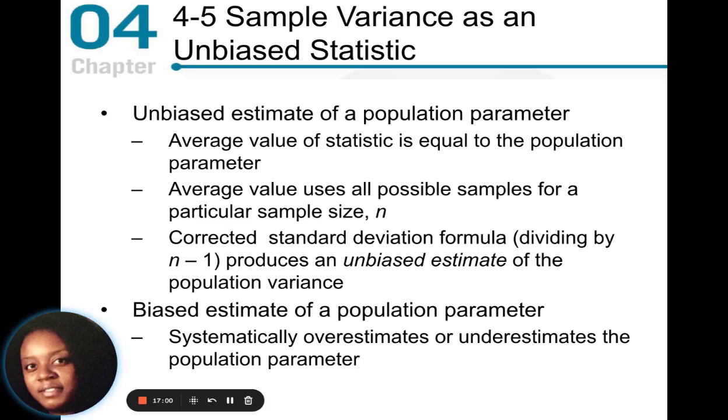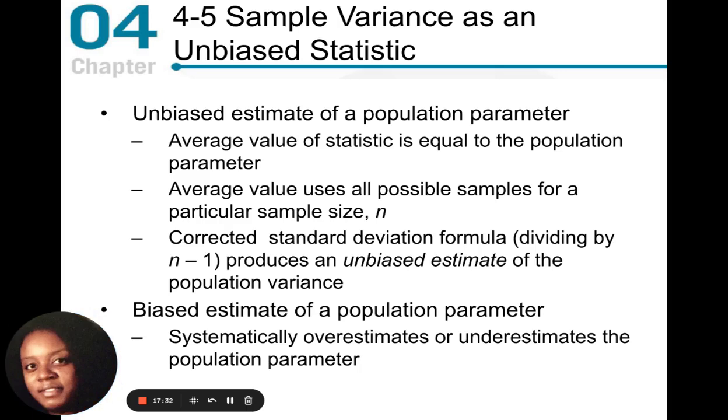As we start to look at sample variance as an unbiased statistic, we need to understand that an unbiased estimate of a population parameter provides us with an average value of statistics, which equals the population parameter. The average value uses all possible samples for a particular sample size. The corrected standard deviation formula produces an unbiased estimate of the population variance.